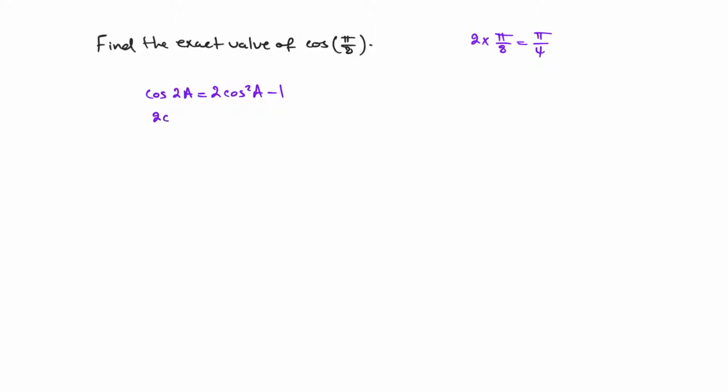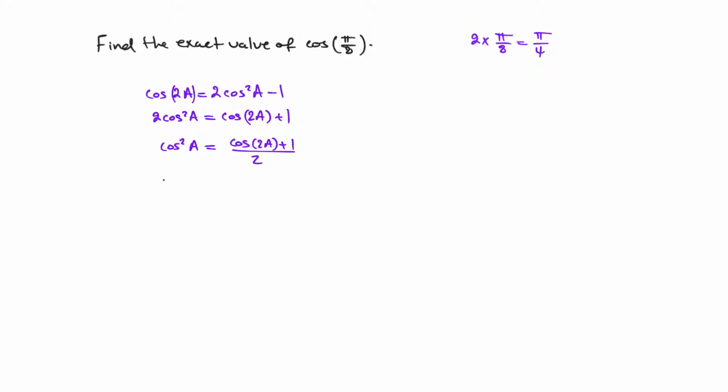Isolating for cosine squared a, we get 2 cos squared a is equal to cosine of 2a, and I should put the brackets, plus 1. And cos squared a is equal to cosine of 2a plus 1 over 2. Now I can just plug in my values.